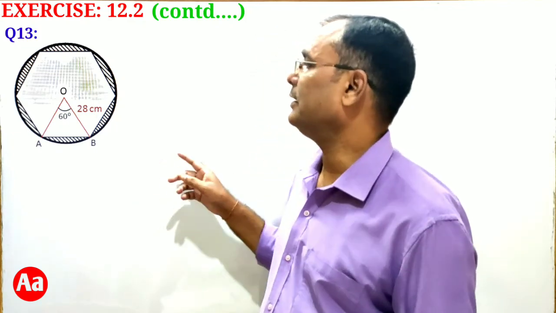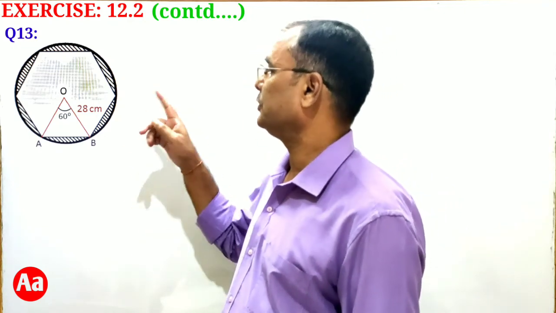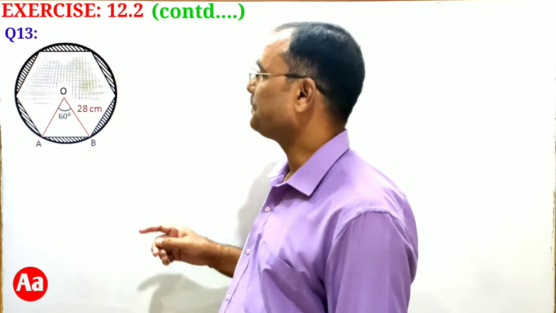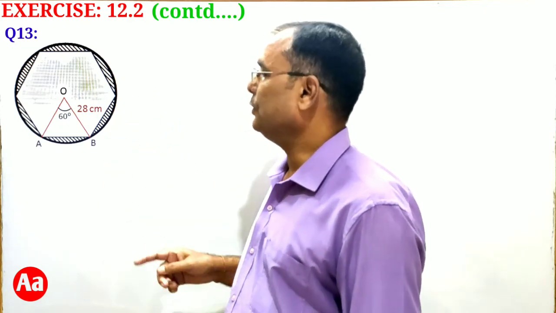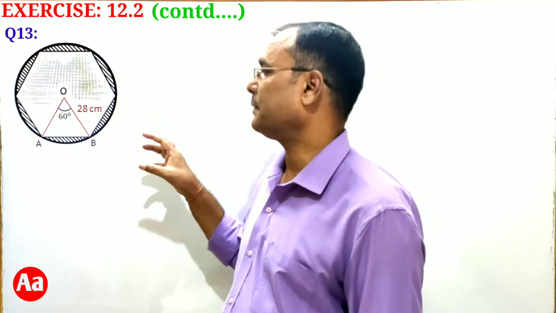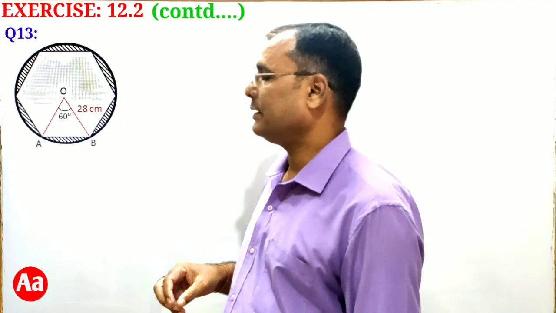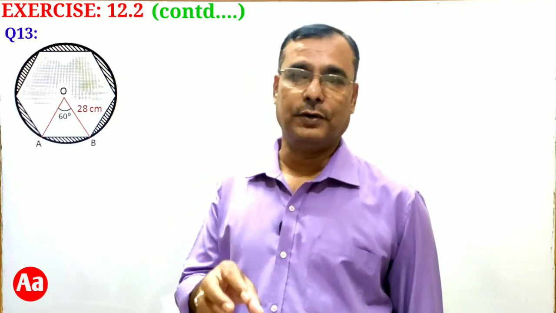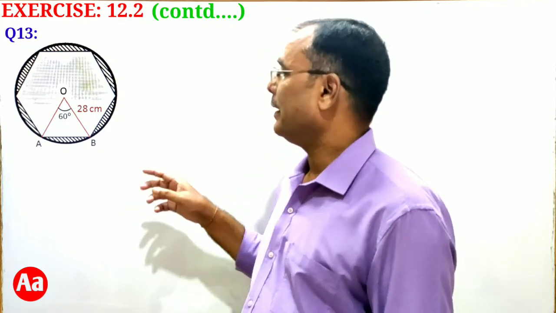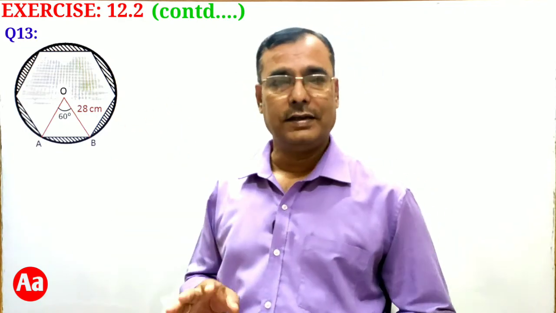So here in this figure, O denotes the center of the circular table cover, and OAPB denotes one sector, APB denotes the segment, that is the area of the design which is in the form of a segment, and OAB is an equilateral triangle.